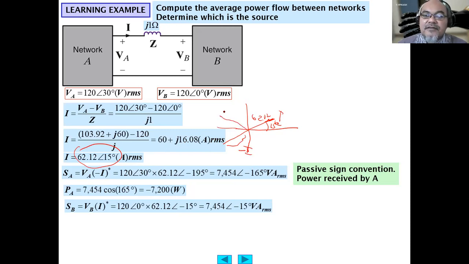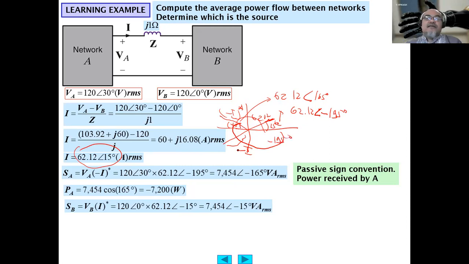So the magnitude is still 62.12 ampere, but now the angle is 180 degrees minus 15 degrees, equal to 165 degrees, or you can express it as negative 195 degrees, going the other way around.